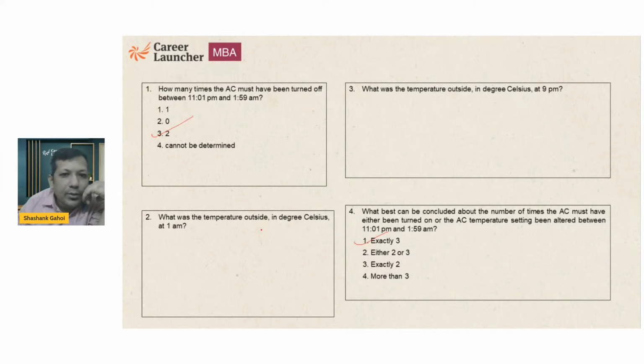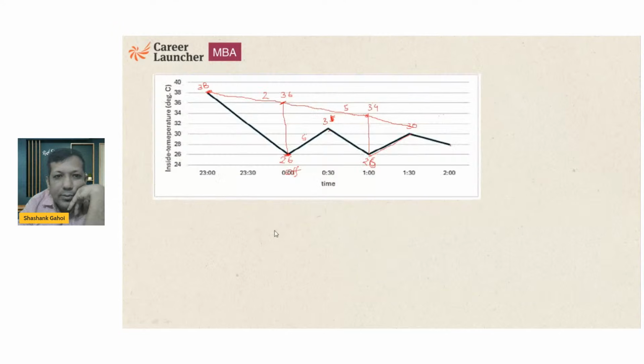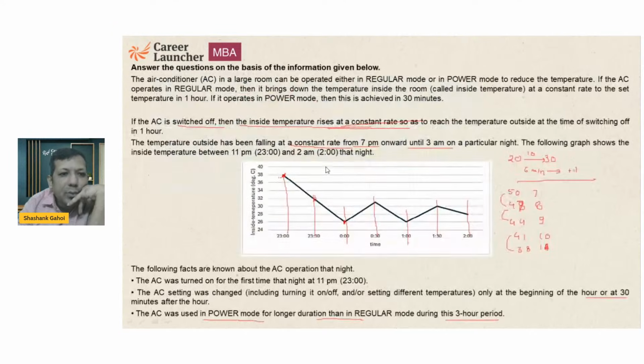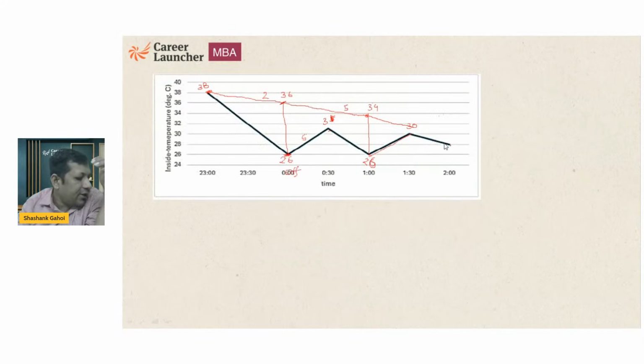Now what is the temperature outside at 9 o'clock? यहाँ पे at this point it is saying the temperature outside has been falling at a constant rate from 7 till 3. It is constantly falling at a fixed rate, and that rate I have already figured out, that is 2 degrees per hour.